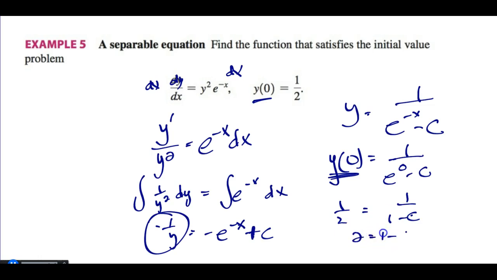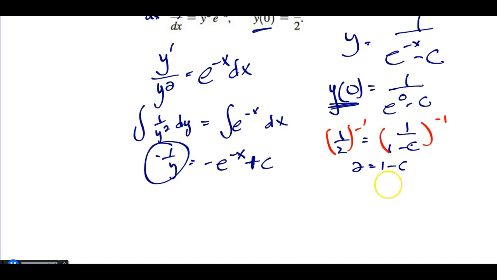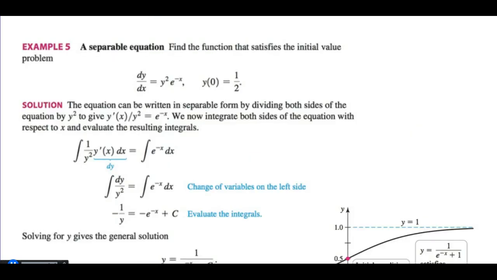Let's flip again, so 2 is equal to 1 minus c. What I'm doing is literally taking the reciprocal of both sides, or raising both sides to the negative 1 power. And then I'm solving for c. So c turns out to be negative 1. So y is equal to 1 over e to the negative x plus 1.